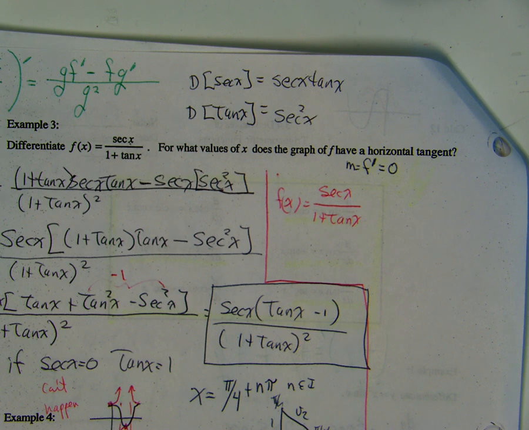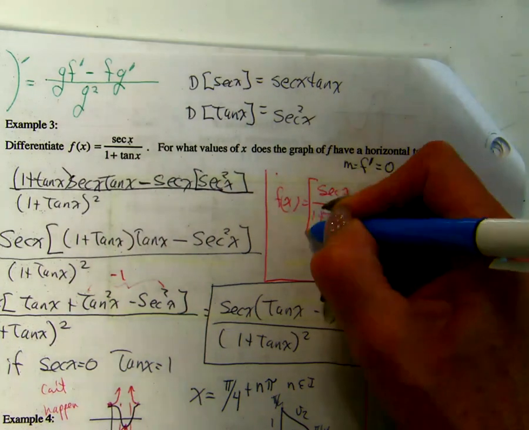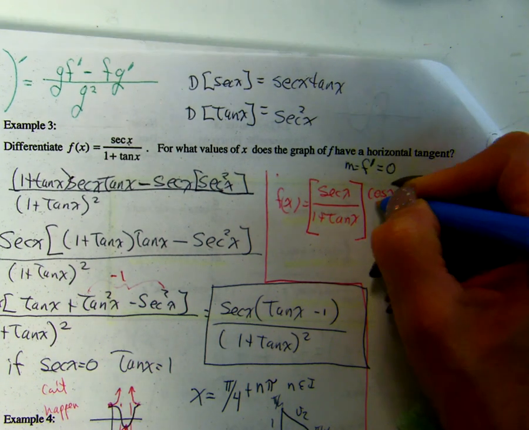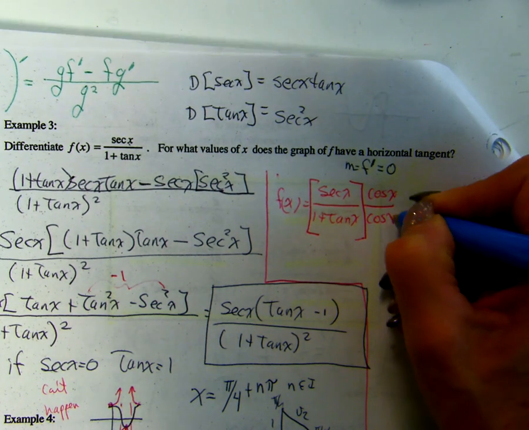What's another way of defining secant? 1 over cos. How do you define tangent? Sine over cos. So really, that's a fraction of a fraction kind of question. What's the denominator on the top? And the denominator on the bottom? Cos.